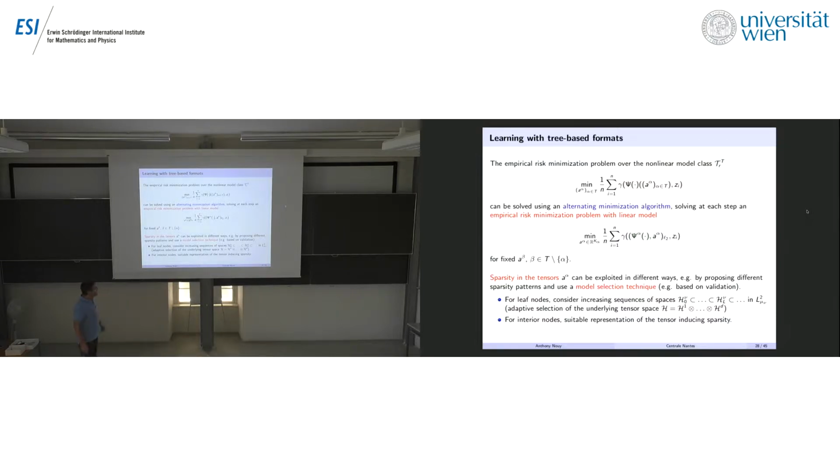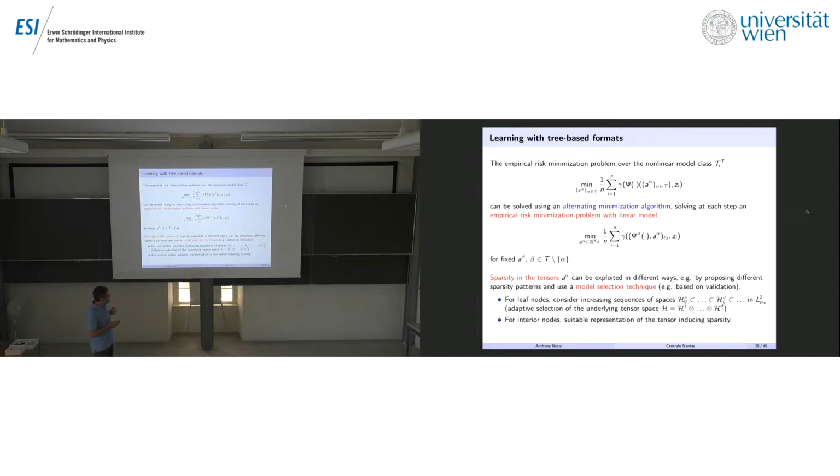Also, you can use standard tools to exploit the sparsity in the representation in your tensor format. The different tensors A alpha may be sparse for some function classes, so you can exploit this in different ways. The way we do it here in practice is to consider sequences of spaces, so it's kind of a working set strategy.